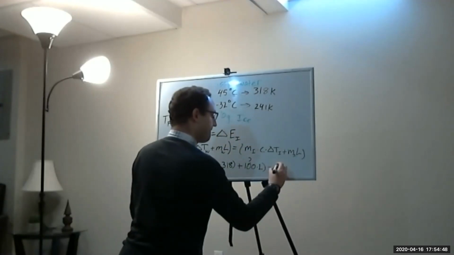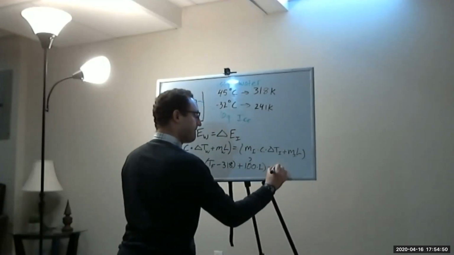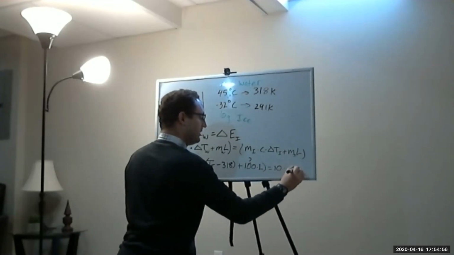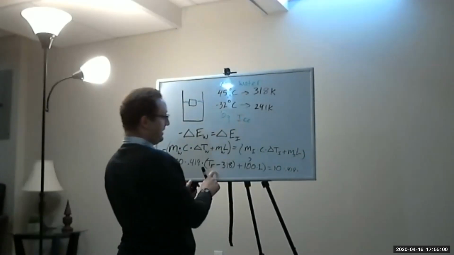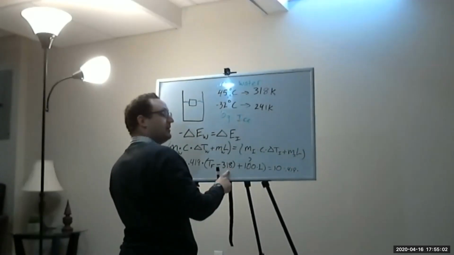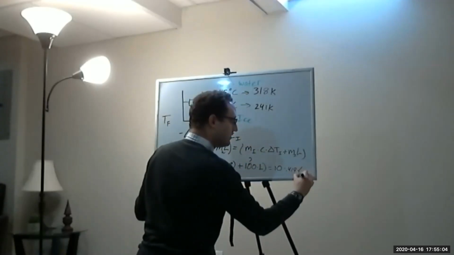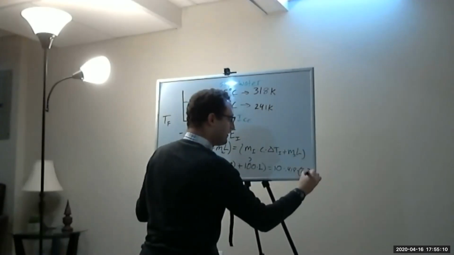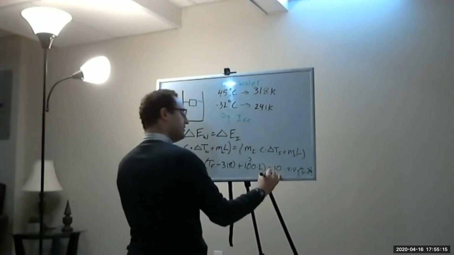Equals the mass of our ice, 10, times 0.419 times this basically again, but with the appropriate starting temperature, TF minus 241. Sorry, running out of space.